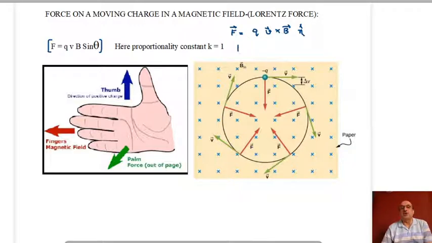So the force is perpendicular to the velocity as well as perpendicular to the magnetic field.